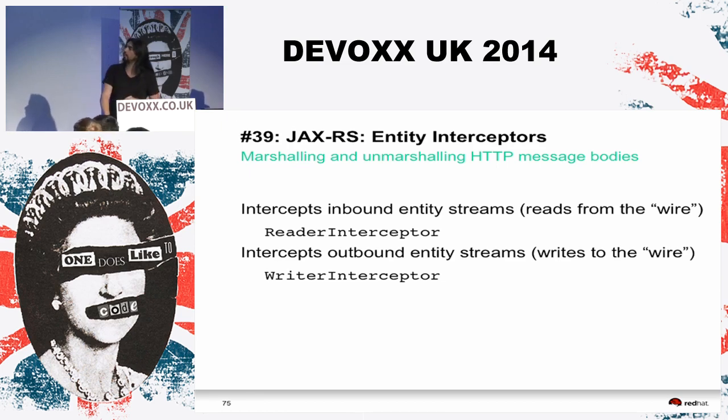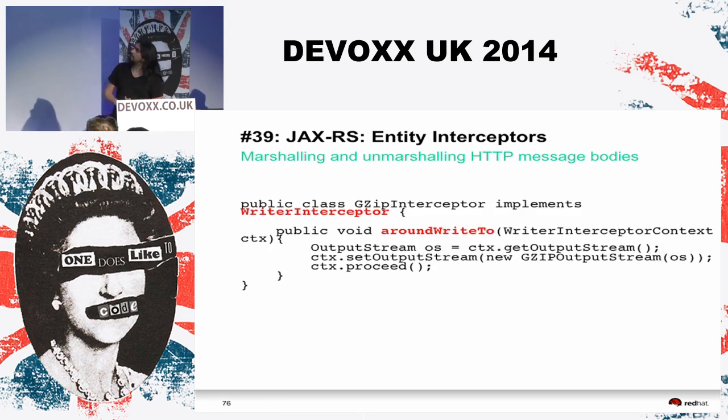Two interfaces, again, the reader interceptor and writer interceptor. And the way to do it is I implement the method aroundWriteTo, so I'm saying I'm going to write the body of the request, and I intercept it, and I'm going to zip it. So here, it's like an interceptor, but for JAX-RS.